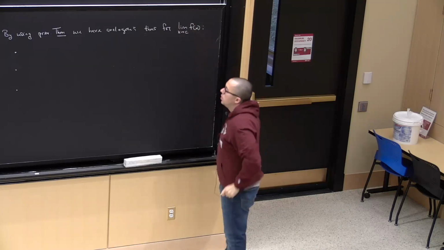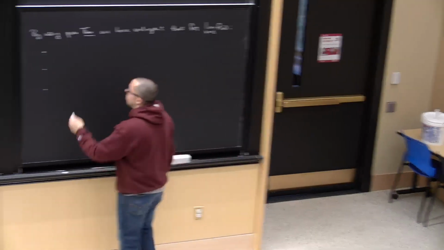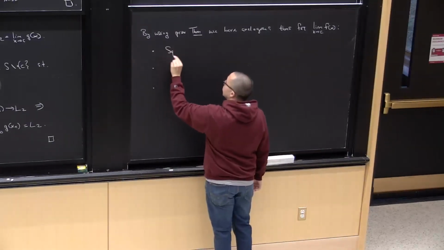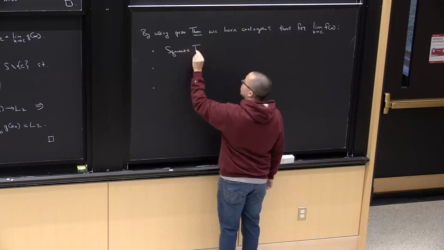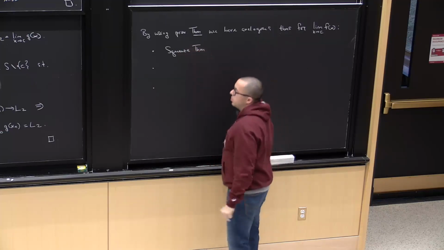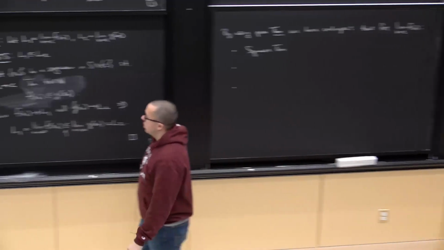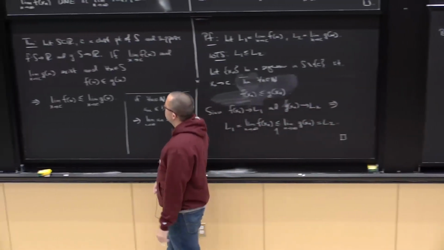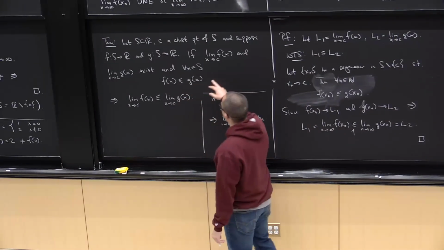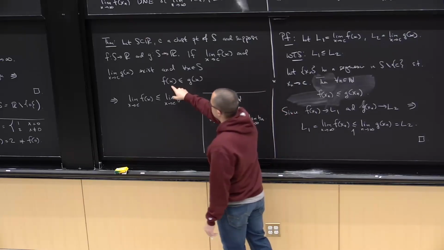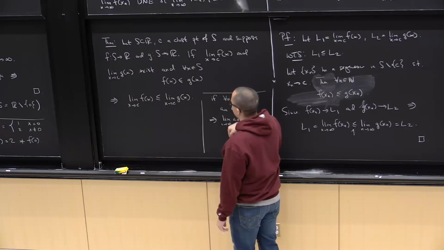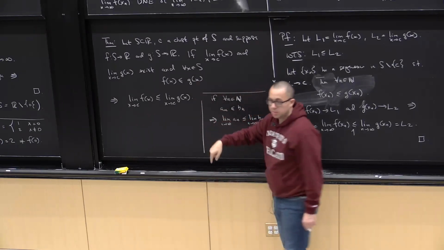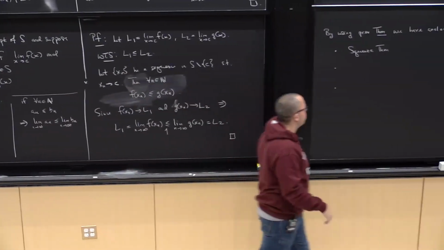For example, you have a squeeze theorem. Namely, if I have three functions, f less than or equal to g less than or equal to h, and f of x converges to L, and h of x converges to L, then g of x converges to L. Okay, that's what I mean by analogous statement.